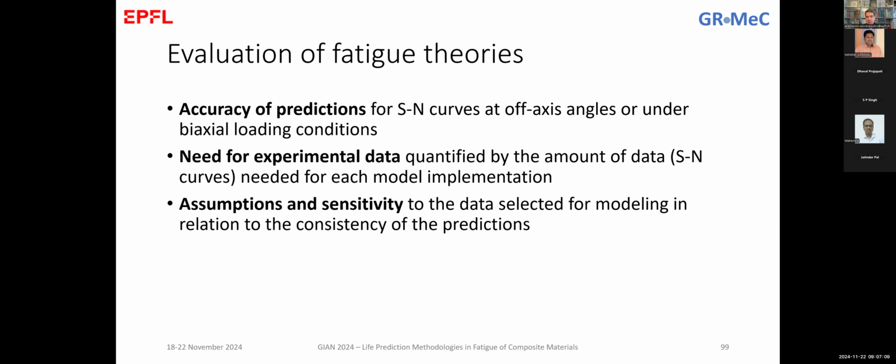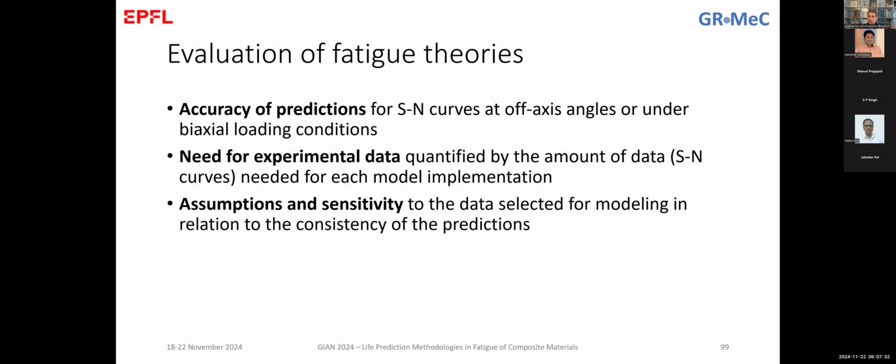It is not consistent with the predictions. Either it is accurate for some cases, or it can be highly inaccurate for other cases. And this is what should be avoided with failure criteria.